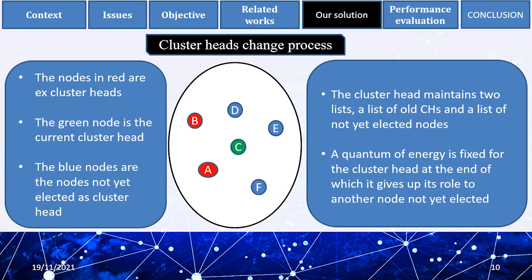To do this, the outgoing cluster head node informs the new cluster head of the list of nodes that have already been elected, and also the list of nodes not yet elected. The cluster head will choose a node from the list of not yet elected nodes as its successor and add its identity to the list of already elected nodes before handing over its role.